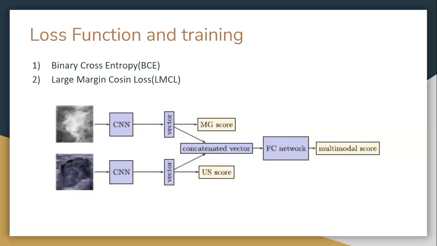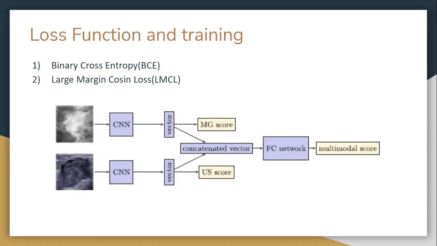And the second one, large margin cosine loss, is commonly used in face recognition tasks. Talking about this in this short video is not possible, to be honest, but I will just rephrase the words given in the technical paper, because talking about this will take a lot of time.